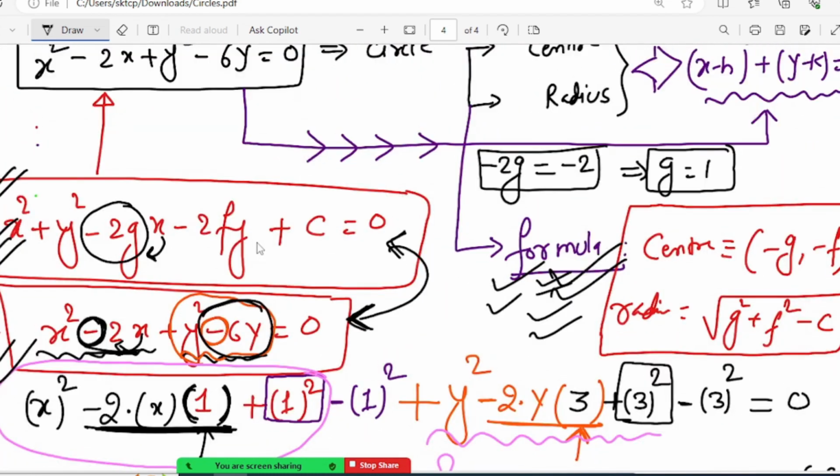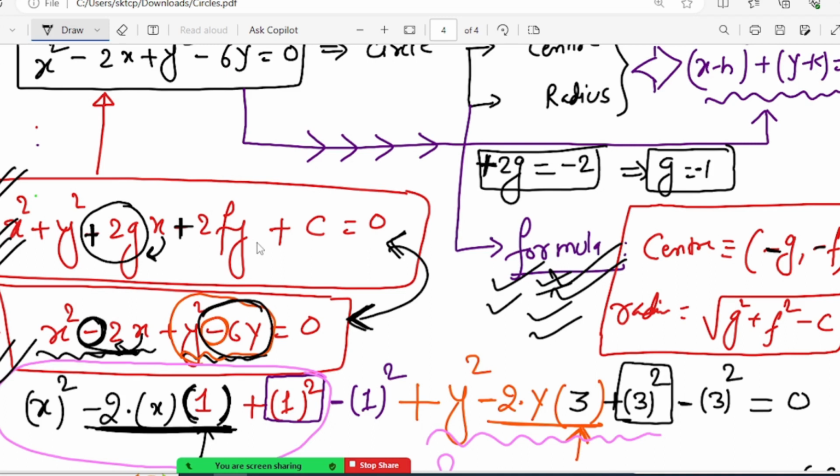Why? Okay, okay. Sorry, the standard form is x square plus y square plus 2gx plus 2fy plus c is equal to 0. In the formula, we have minus g, minus f. Sorry, it's my bad. So it will be plus 2g should be equal to minus 2. Right, Rishit? So g is equal to minus 1.